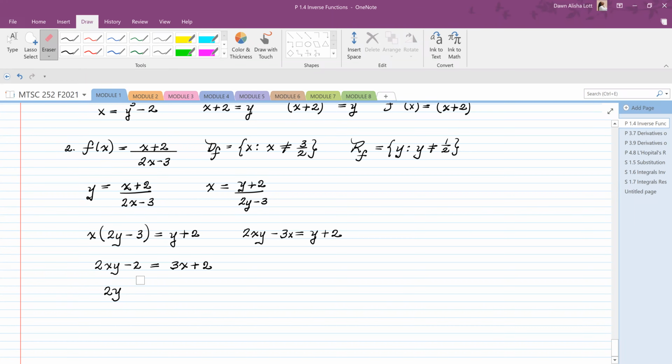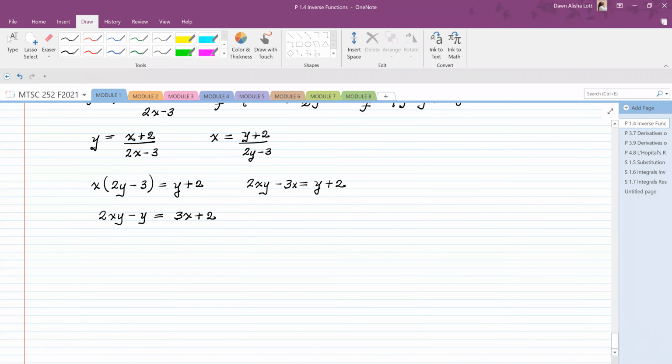Ah, that's what's the matter. This should be a y. I'm writing the wrong thing. I subtracted y from both sides, added 3x to both sides. Okay, I was writing the wrong thing.